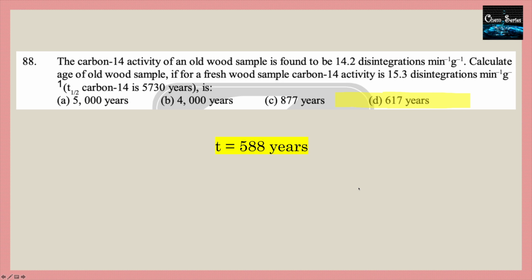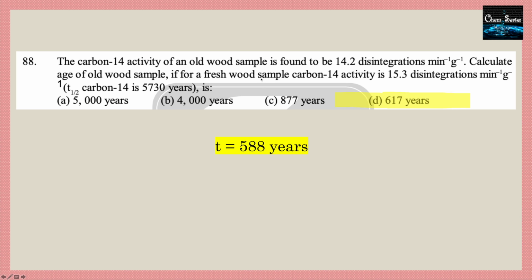So I hope you understood this problem, and remember that all radioactive decays are first order reactions. So when it comes to a first order reaction, recall the formulas you have studied in our previous videos and think which formula will be useful for you. This is a very simple problem.